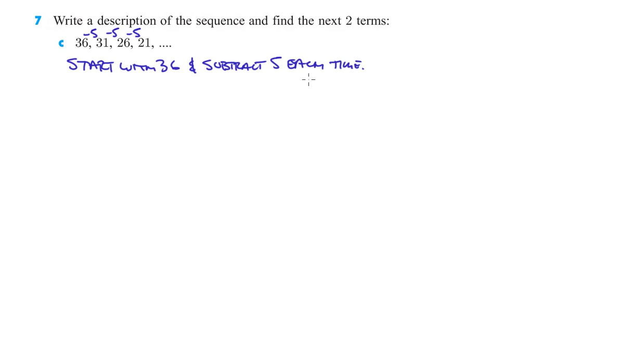I like that one a little bit better. It seems to describe it a little bit more. The book says 5 less than the previous term, so that's fine too. Now we also have to find the next two terms. So subtract 5 more and we are at 16. Subtract 5 more and we are at 11. So 16 and 11 are the next two terms of that sequence.